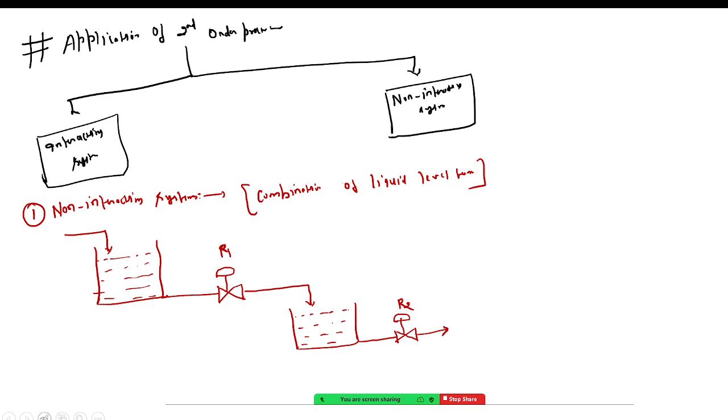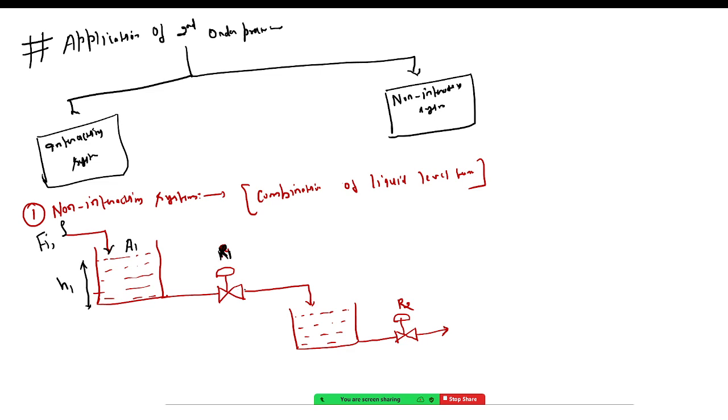So the basic essence of this process is that there is a tank with some inlet flow rate Fi, and I am assuming the liquid density is rho. The cross-sectional area of this tank is A1, and the height of this tank is H1, with resistance R1 in this valve.